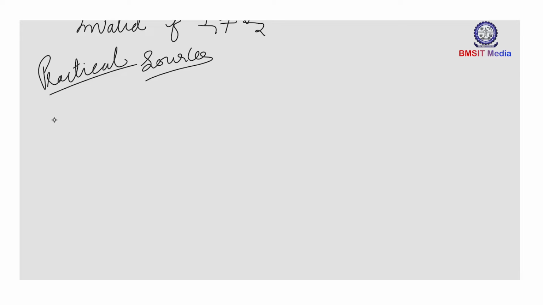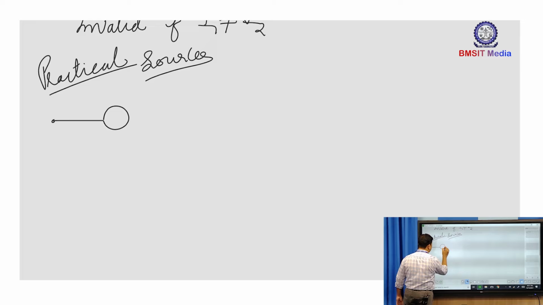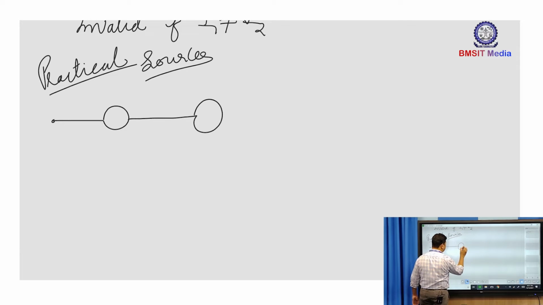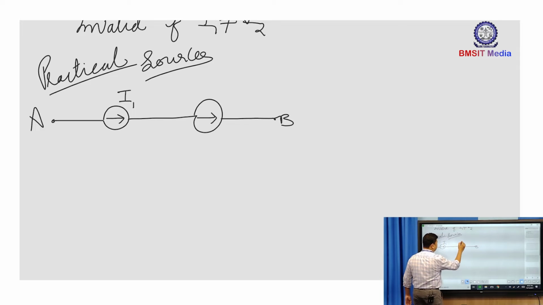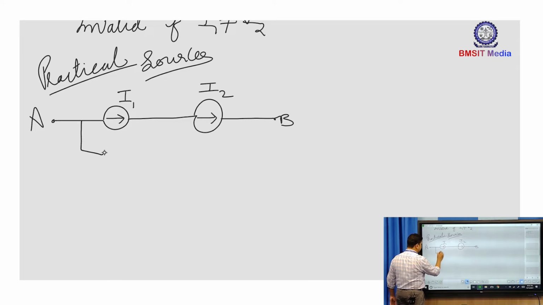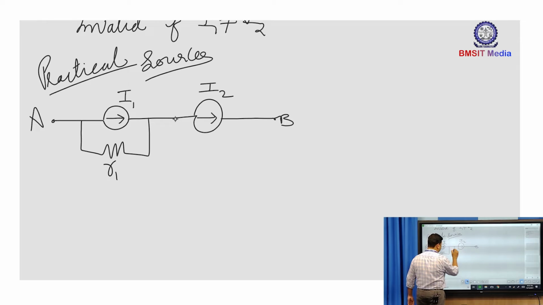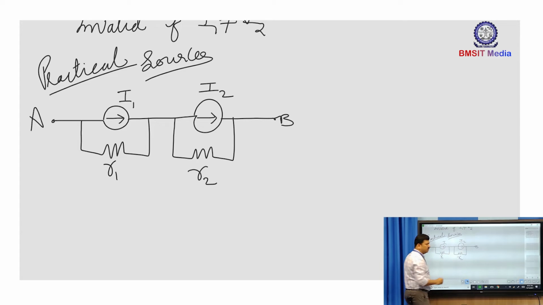Let us consider a current source of value I1 and a current source of value I2 connected between the terminals A and B in the same branch. I1 has its internal resistance R1 connected in parallel to it. I2 has an internal resistance of R2 connected in parallel to it. Now, these are the practical current sources falling in series.